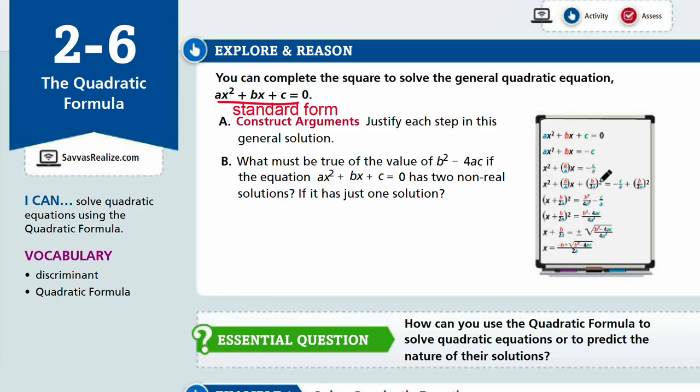It's kind of blurry right now, but what they did is that they divided all terms by a, because you have ax squared and we want x squared to complete the square, right? So we divided a on all the terms on both sides. So we got b over a x equals negative c over a.